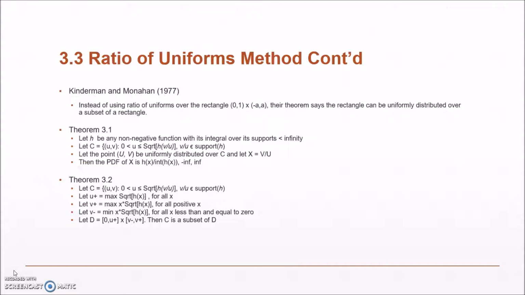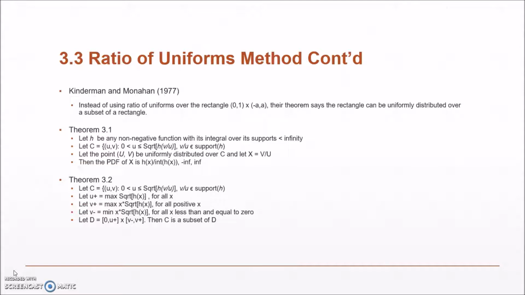And lastly, we let the point (u, v) be uniformly distributed over c, and let x again equal v over u, like we've done before. When we do that, the probability density function of x is h of x over the integral of h of x from -infinity to infinity.